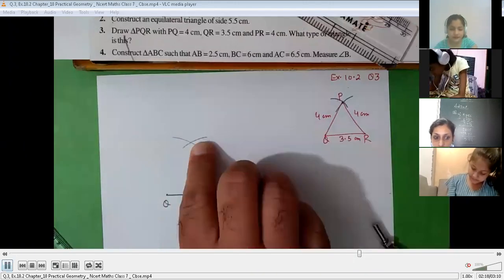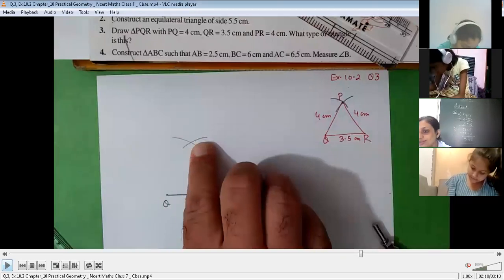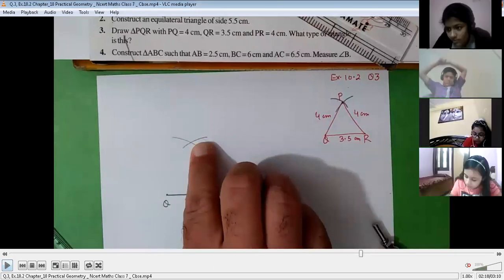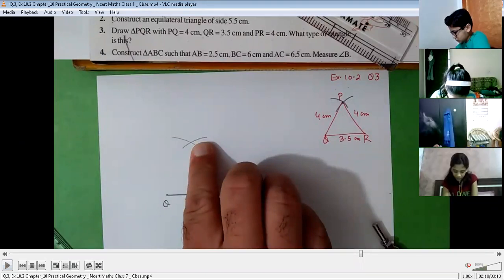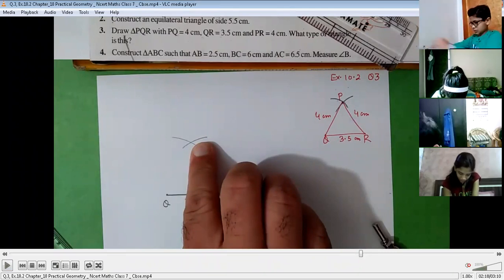Okay, this is your meeting point now. All of you draw these two arcs of 4 centimeters. First of all, everybody draw a line of 3.5 centimeters.